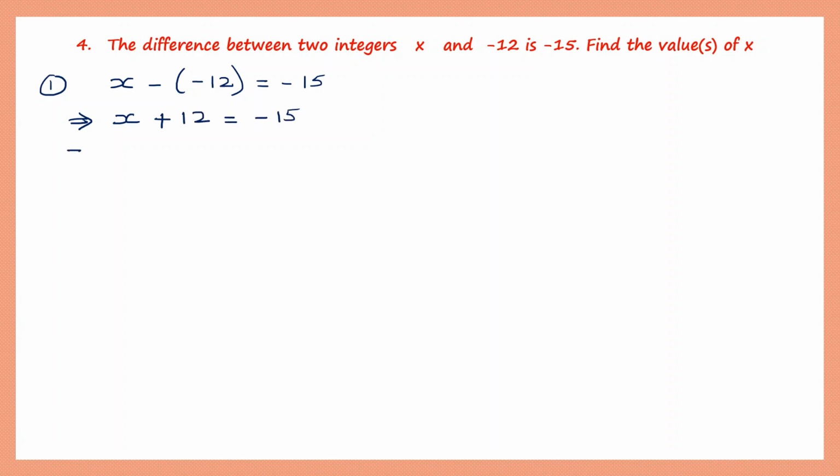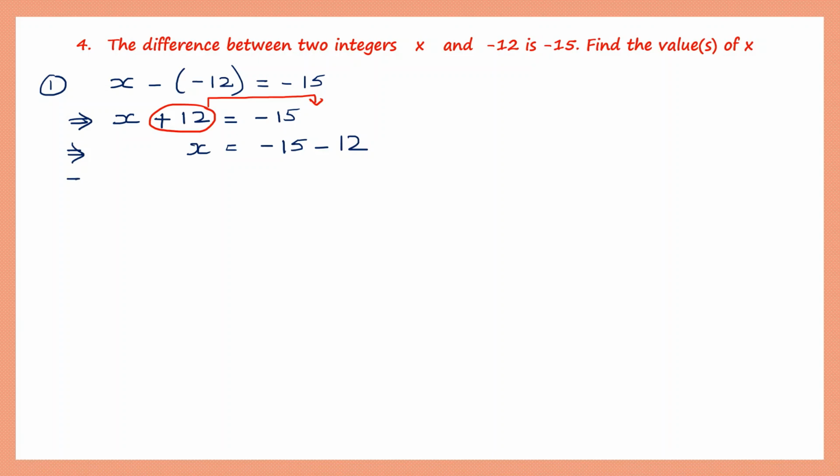When we solve for x, we're going to keep only x on the left hand side. On the right hand side, minus 15 is going to remain as it is. Now we don't need the plus 12 here, so we have to remove it. We're going to do that by transposing it to the right hand side. So plus 12 will now become minus 12.